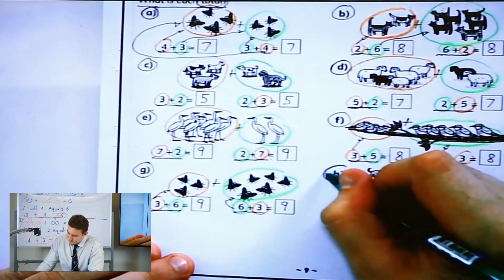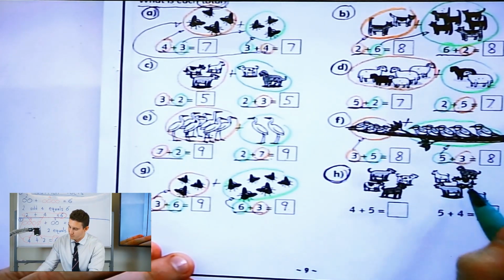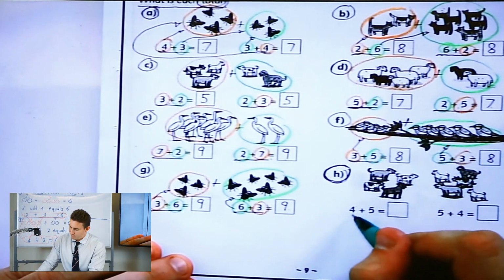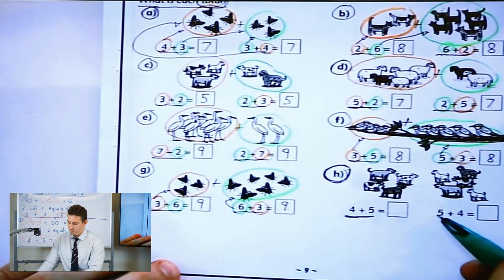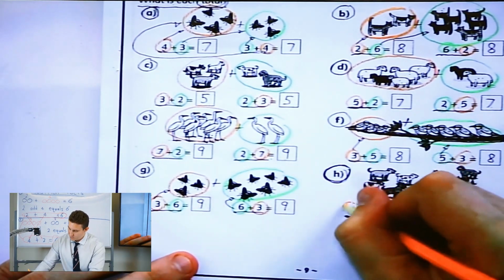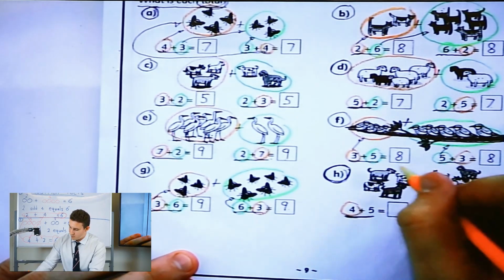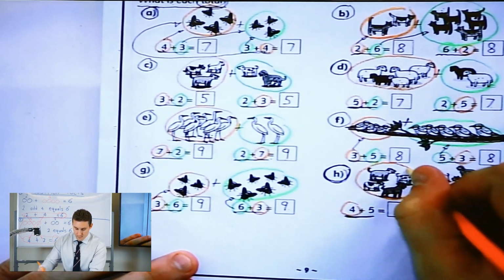Okay, last example, example H. We have pictures of the dogs, and the first sum is 4 plus 5. We're going to put 4 in orange. 1, 2, 3, 4 dogs in orange.